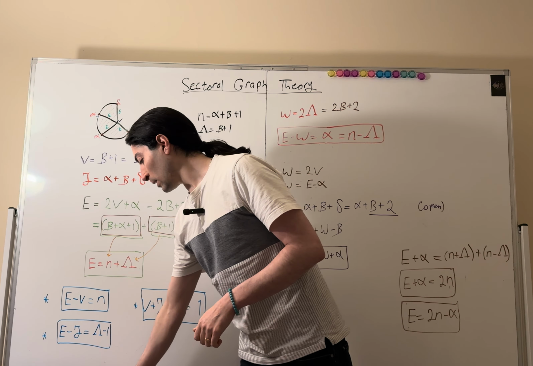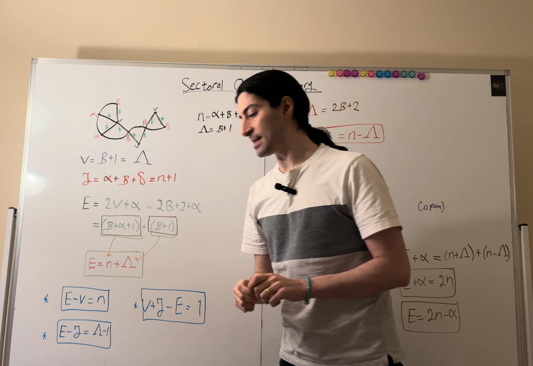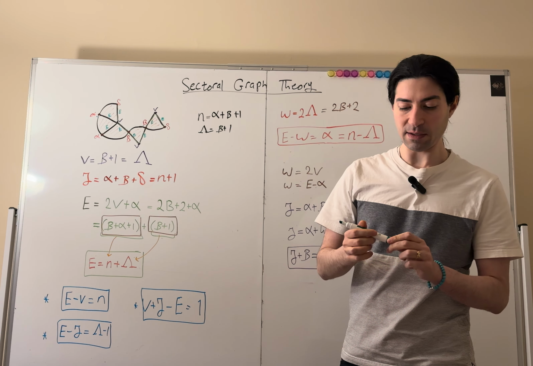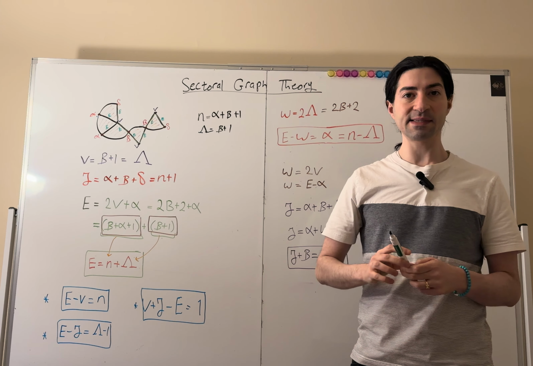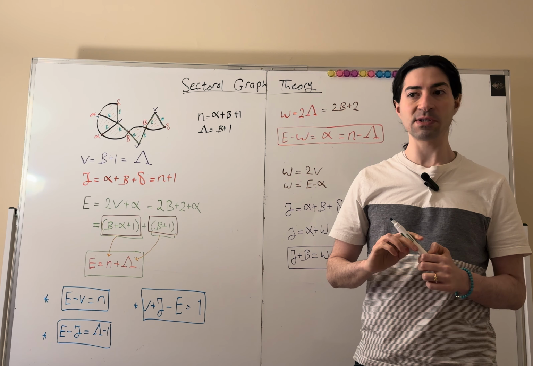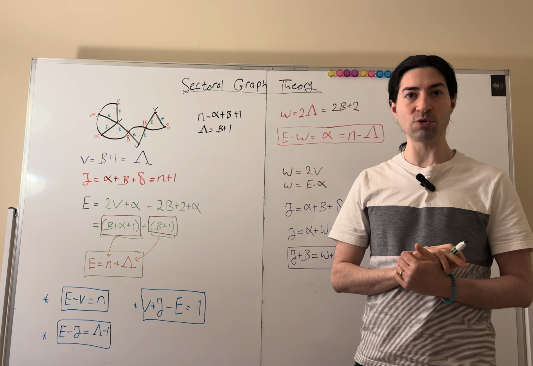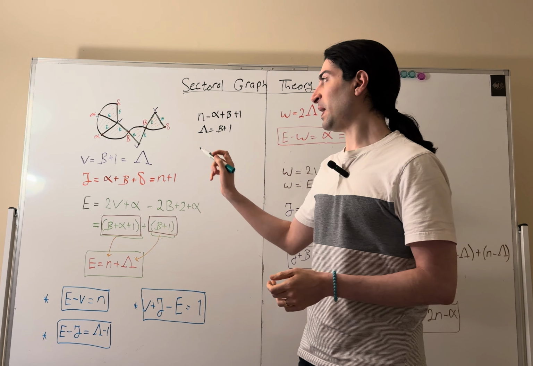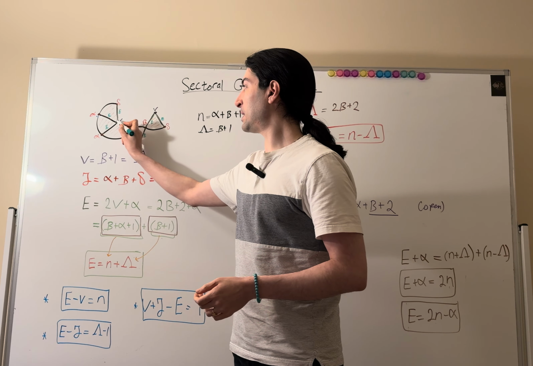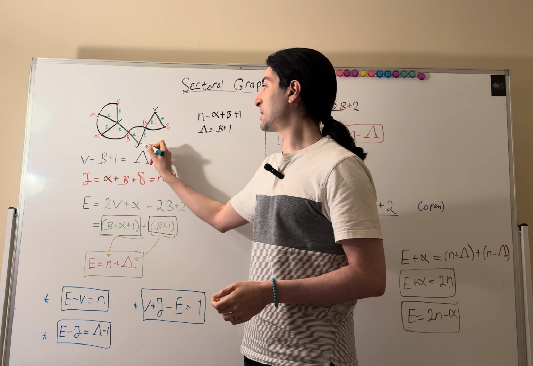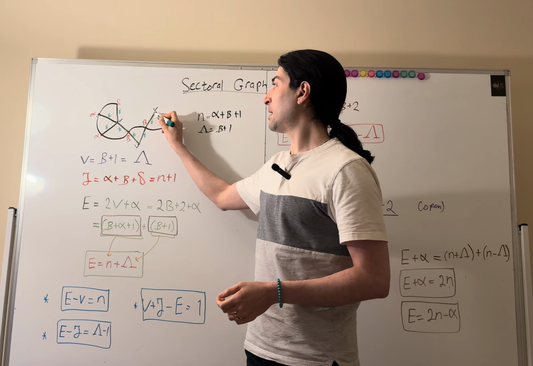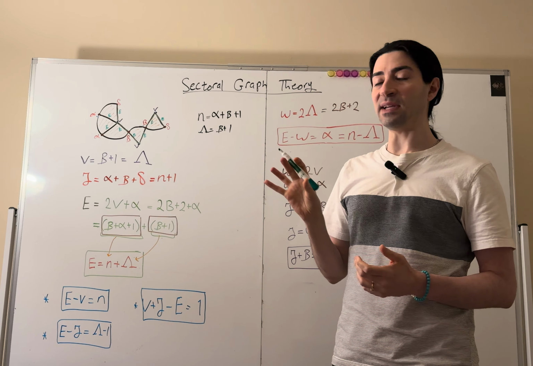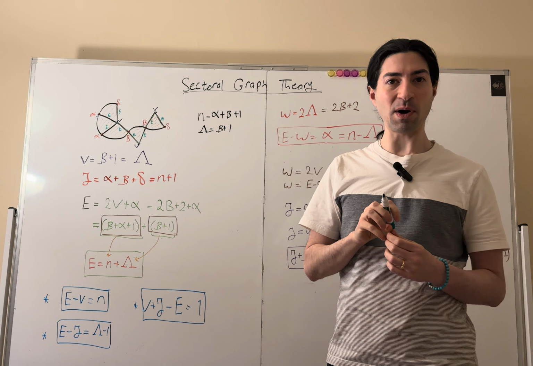So now we will review or define some concepts that will help us study sectoral structures as graphs or as sectoral graphs. So V will be the vertices, and here we see V. V is another way of identifying parts.